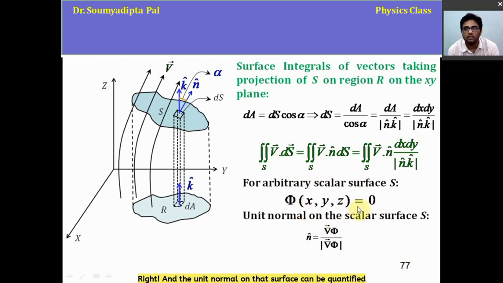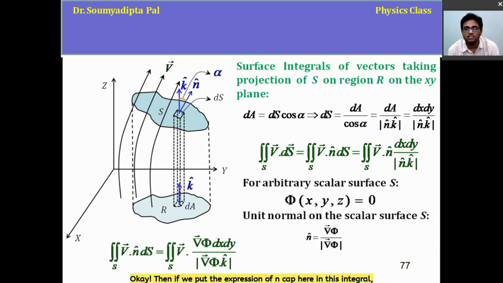And the unit normal on that surface can be quantified as the gradient of phi divided by the magnitude of the gradient of phi. Then if we put the expression of n cap here in this integral, we get the general form of the surface integral.